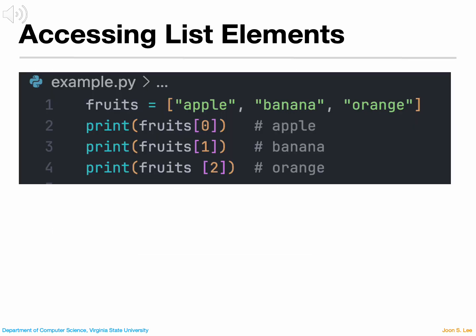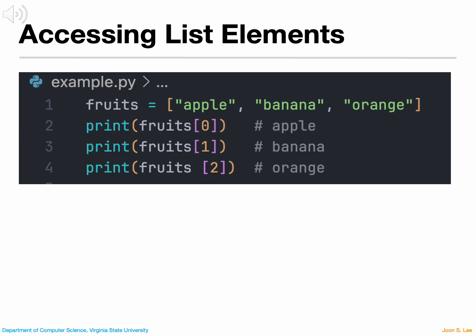Now that we know each list item has an index, let's see how we can actually use those indexes in Python. Here we have a simple list called fruits that contains 3 items: apple, banana, orange. Each item has its position, or index. Apple is at index 0, banana is at index 1, orange is at index 2.